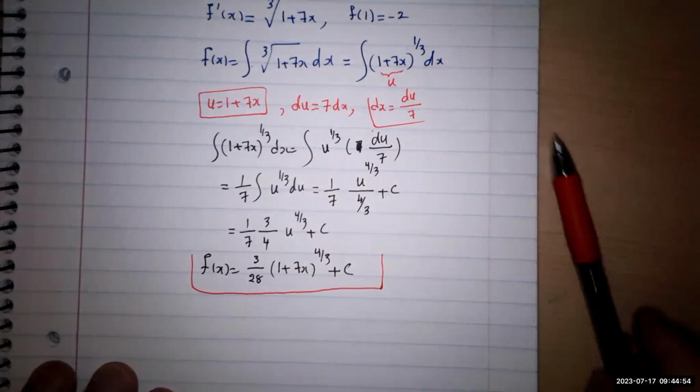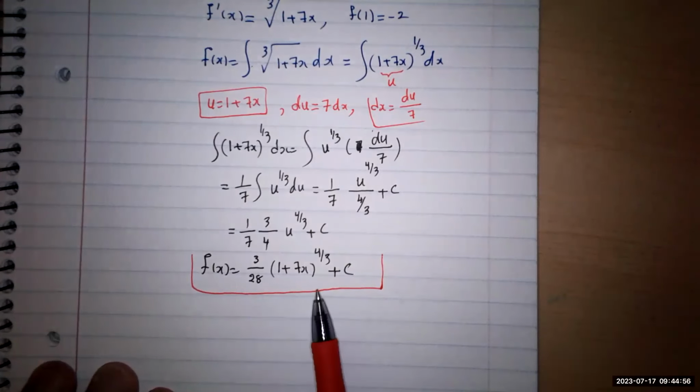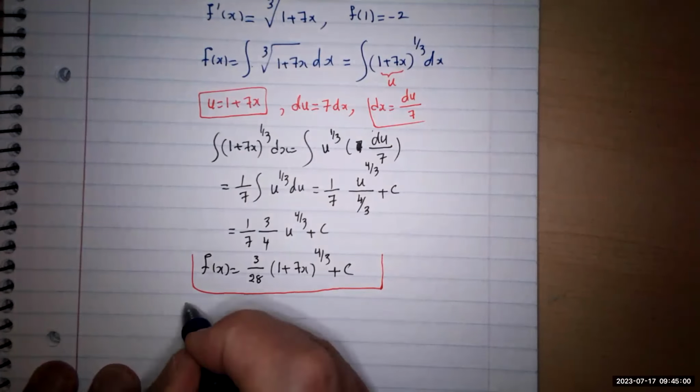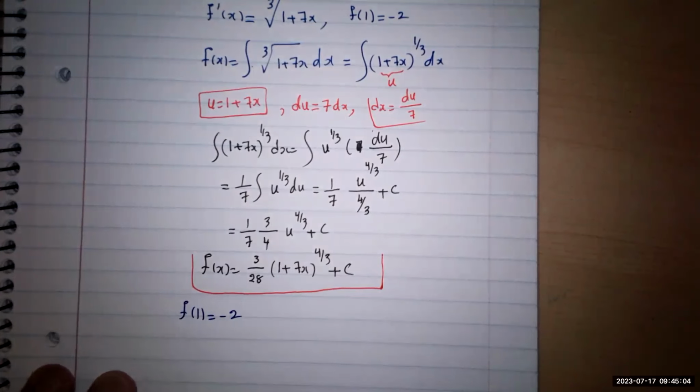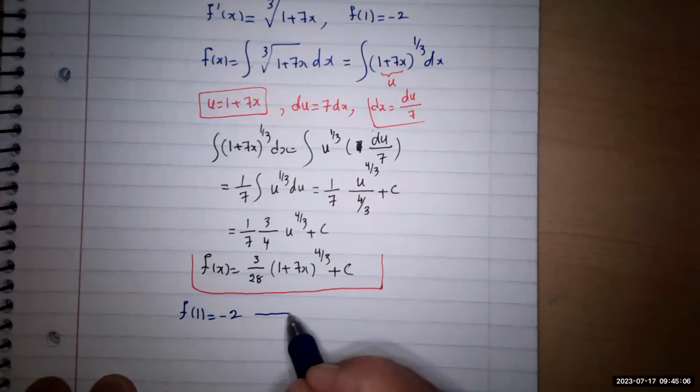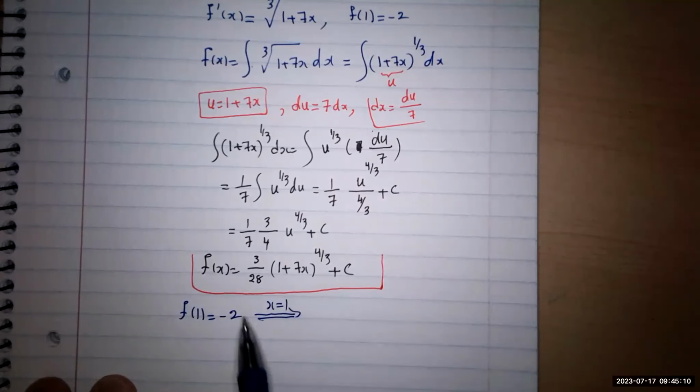So that would be f of x, but we are not done. We say that f of 1 is equal to -2. So substitute x equal to 1.